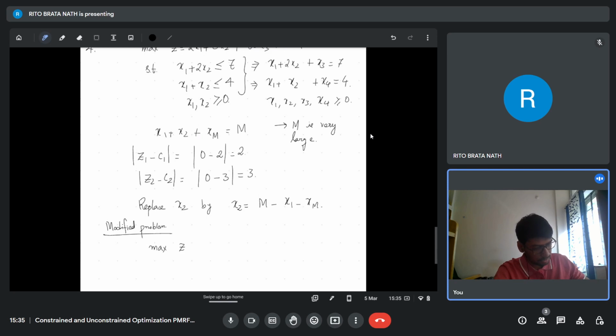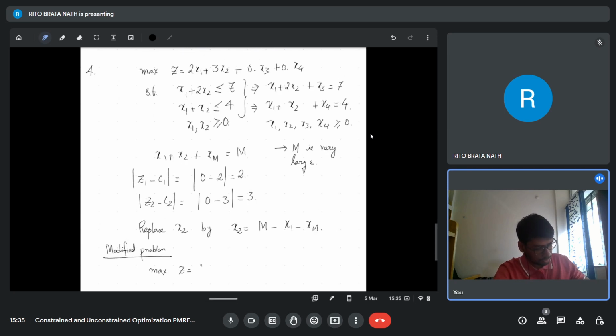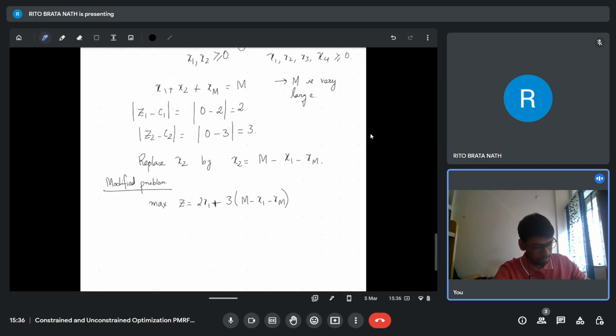Max of z equals 2x1 plus 3 times (m minus x1 minus xm). And the others are 0 anyway, so what you are left with is minus x1 minus 3xm plus 3m.